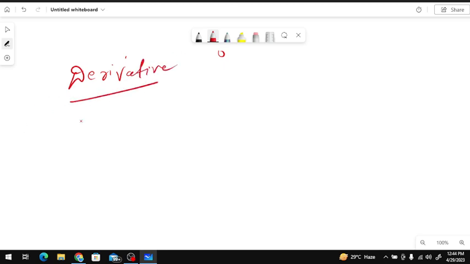Suppose we have a function f(x) equal to x square. Here we will describe how steep the curve is at a specific value, like x equal to 2. We can measure steepness at any point on the curve, and we can visualize this with a tangent line.